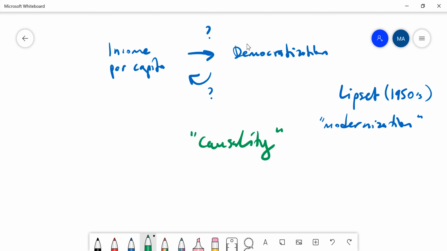So these neo-institutionalist or new institutionalist economists today, including Daron Acemoğlu, Avner Greif, and some others, James Robinson, and many others are there. Tabellini, Persson. So there are many other people out there. So they argue that causality runs in the reverse direction.